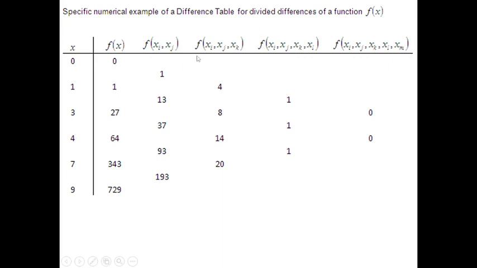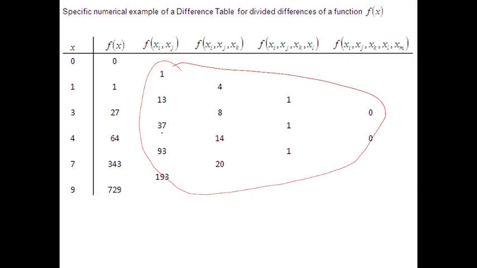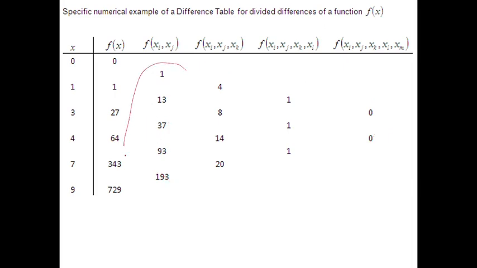So in here we have an example. Let's apply the formula. How did we arrive at these values? We just apply the formula for divided differences. Let's try, how did we get one?